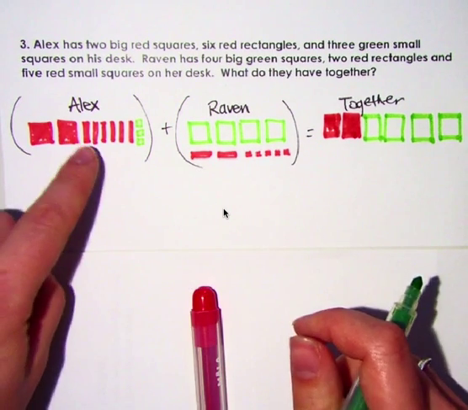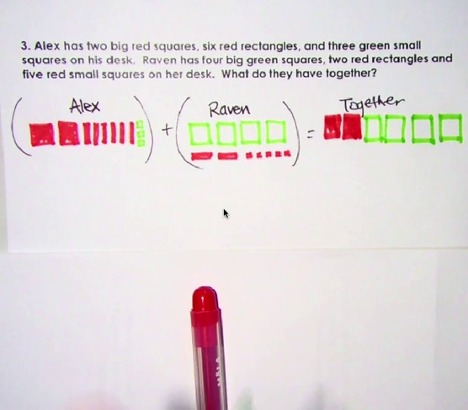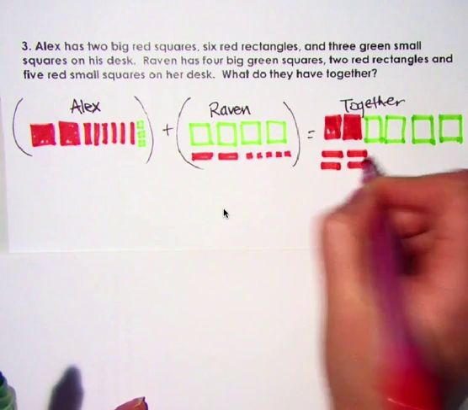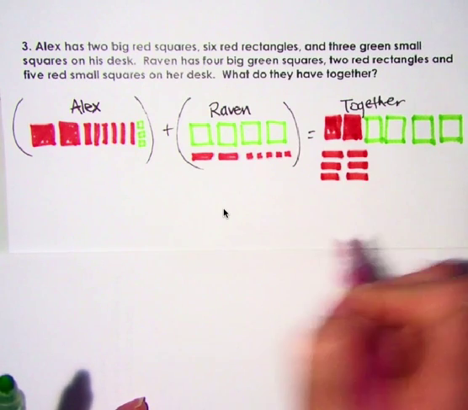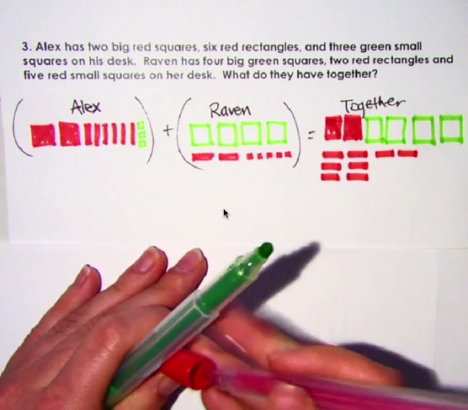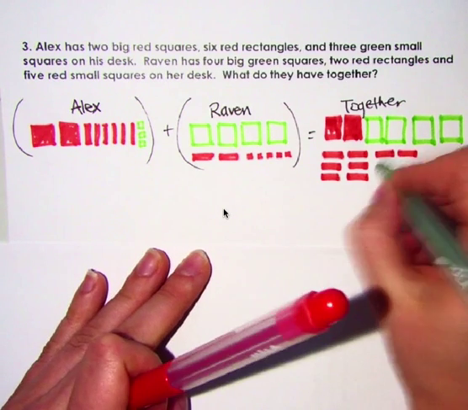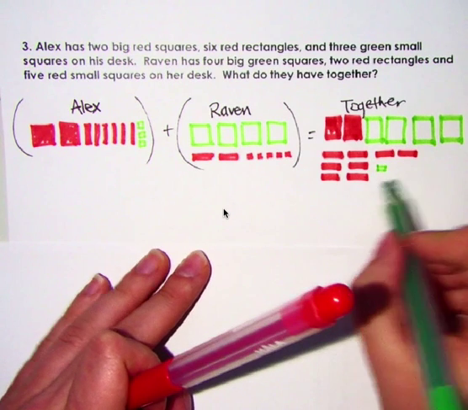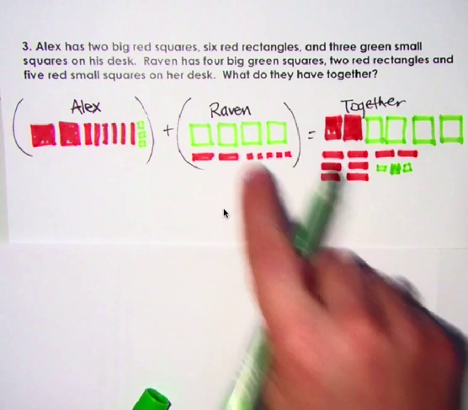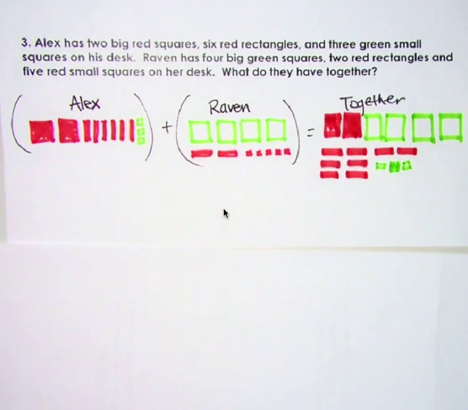And then we have 1, 2, 3, 4, 5, 6 red rectangles. These are negative x's. And then Raven has 2. And then we have 3 positive red squares. Oops. And then we also have 5 little red squares.